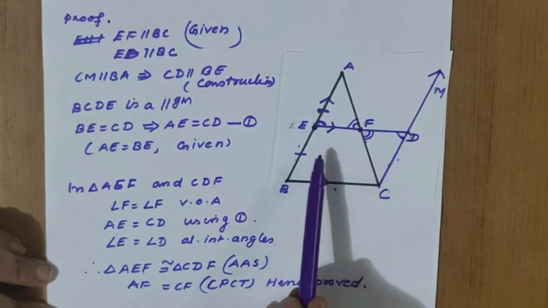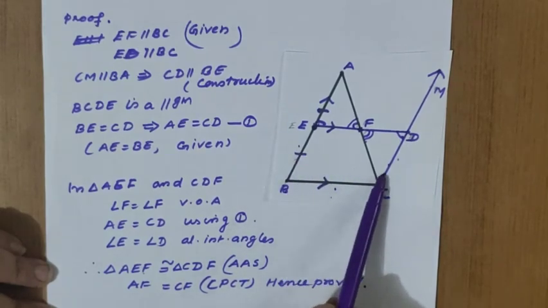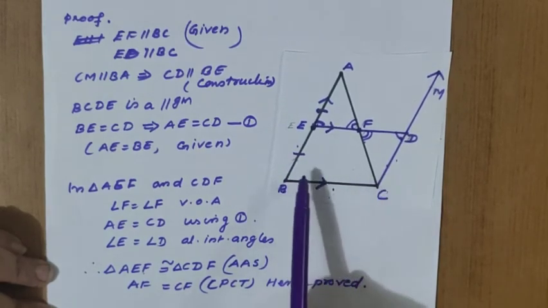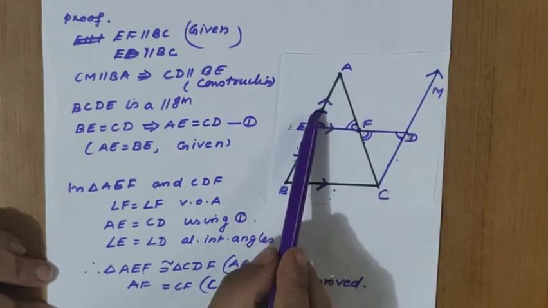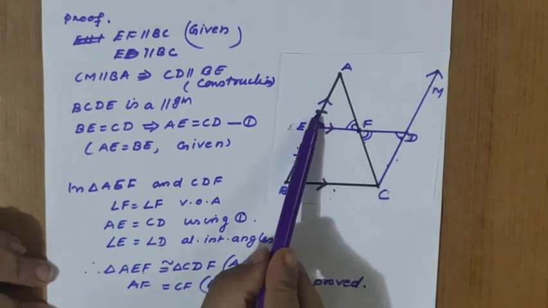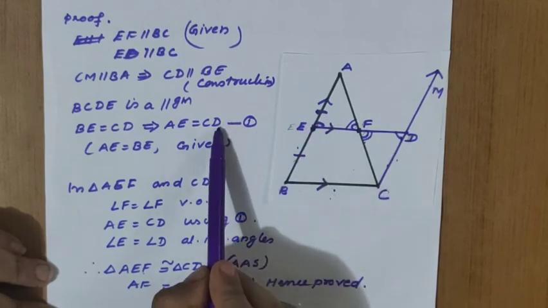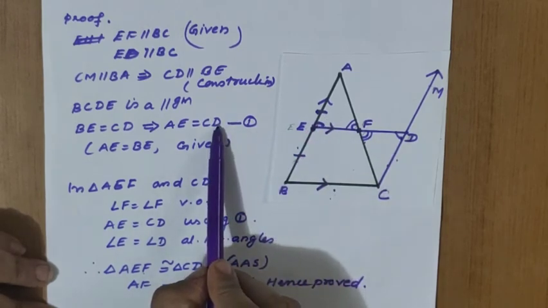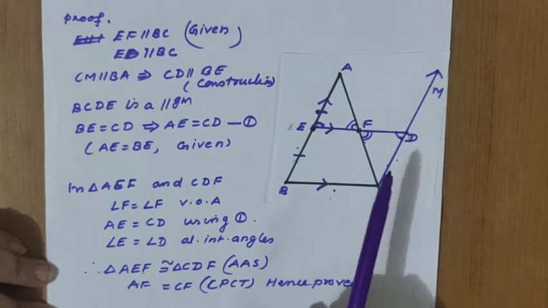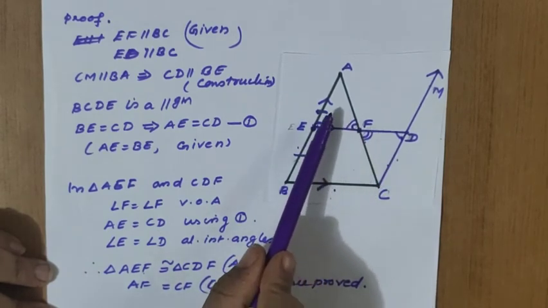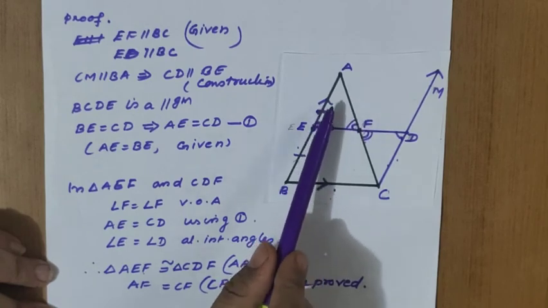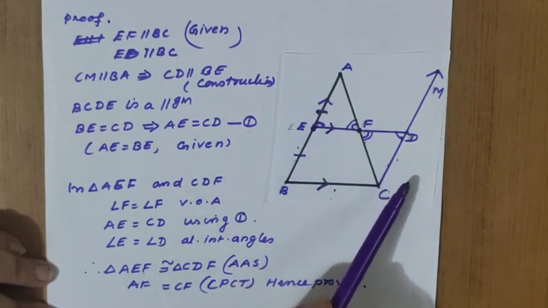If it is a parallelogram, we can say that opposite sides are equal. So BE equals CD. But BE is also equal to which one? AE. So AE is also equal to CD, equation number 1. Now which are the two triangles we have to consider? The opposite triangles, like the last theorem, that is triangle AEF and triangle CDF.